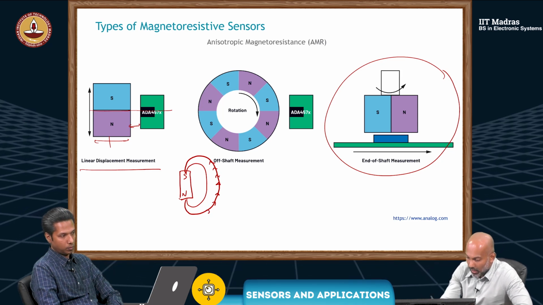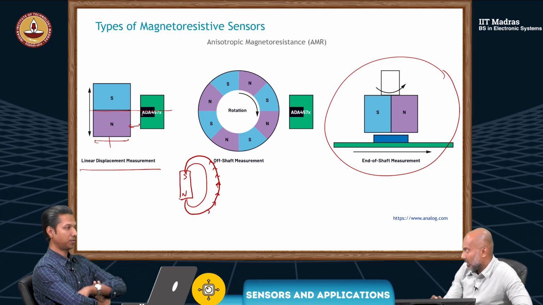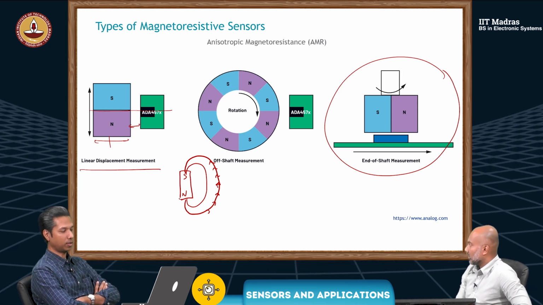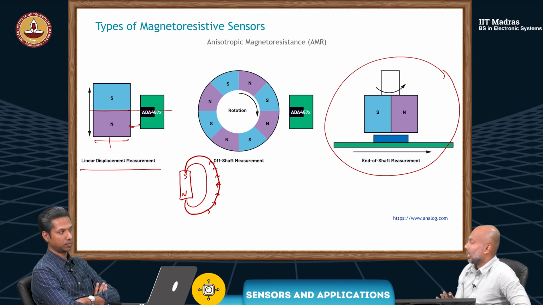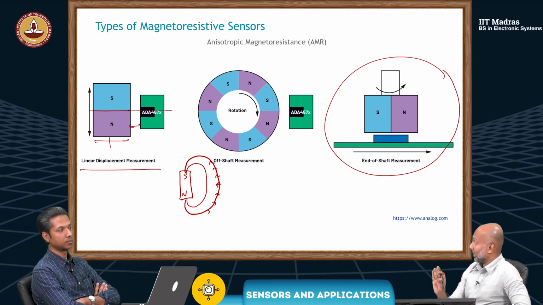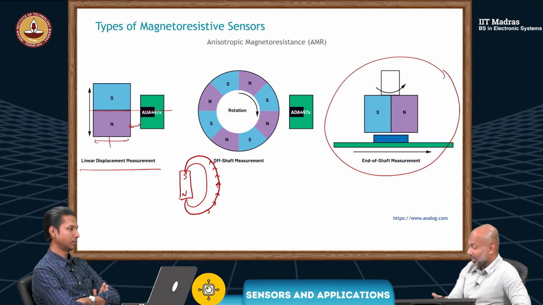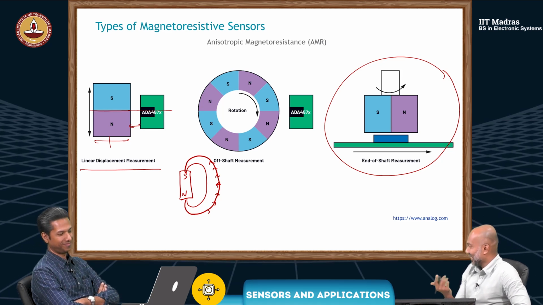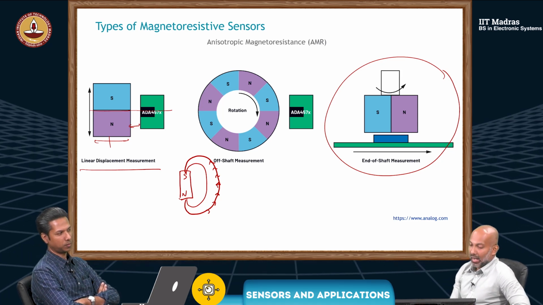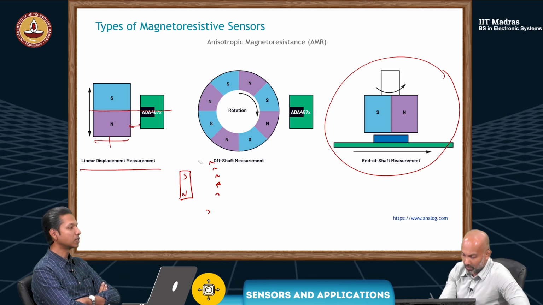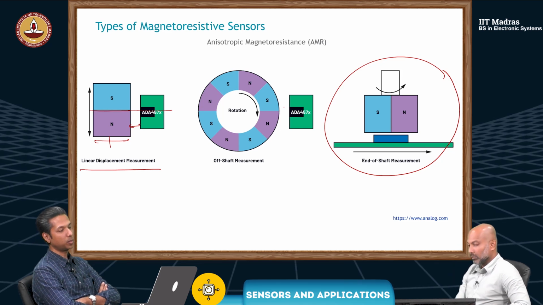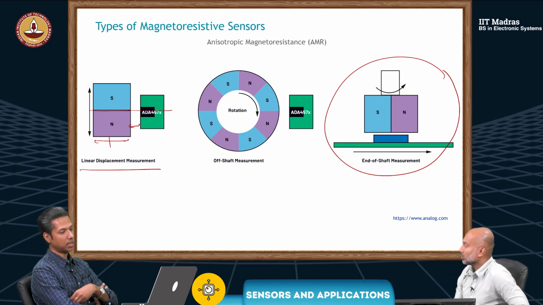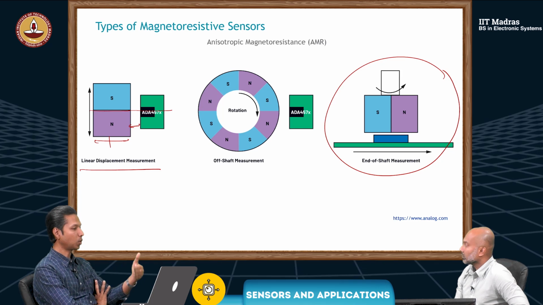When you move this, the angle of the field changes. Got it. So then, when you move up and down, here for example, in the car, you have your pedal up and down. So maybe something like this could be used to measure that angle. What about here, Bobby? This rotation. So this will give maybe some pulses, in the sense of north, south, I can see.